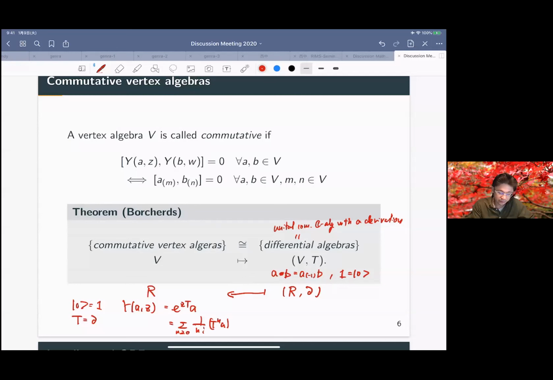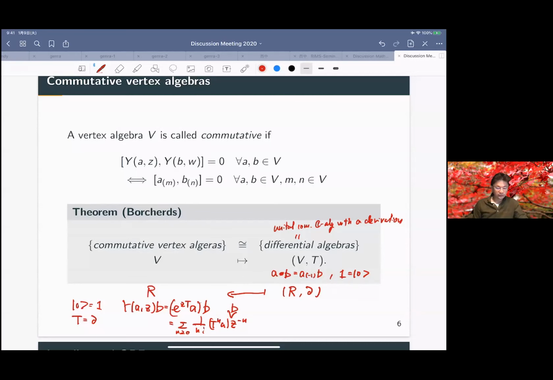So this is some form of series. So if you apply this to v, you get some element of V[[z]] in this way, and you can check that this gives you a commutative vertex algebra structure.